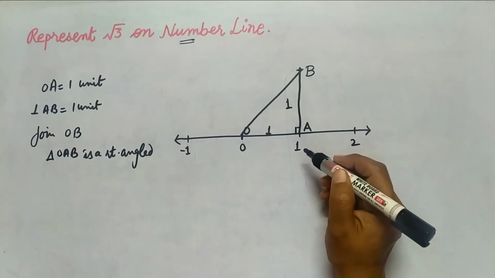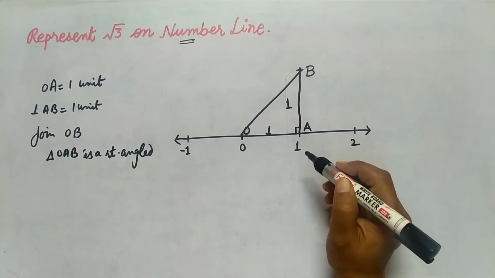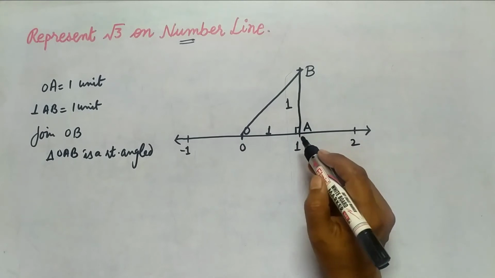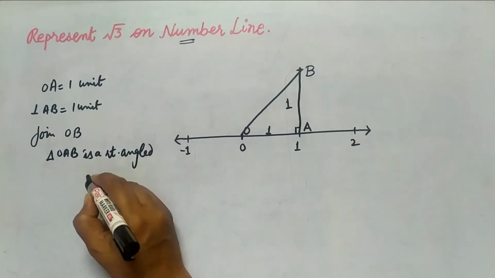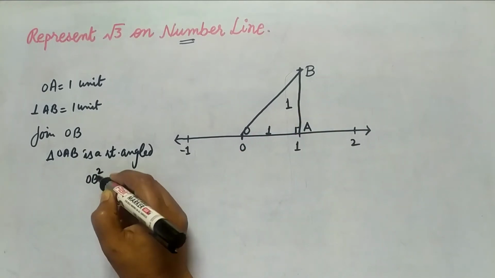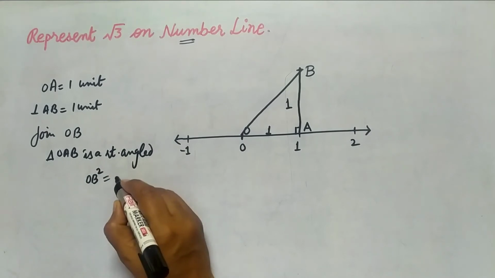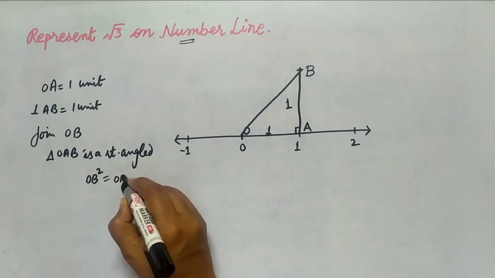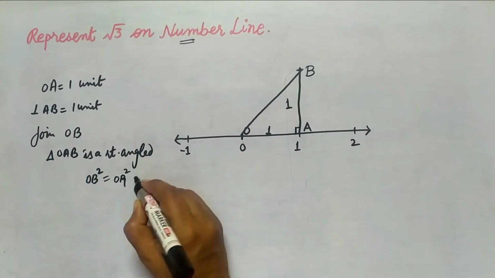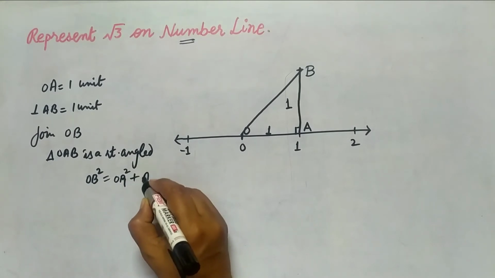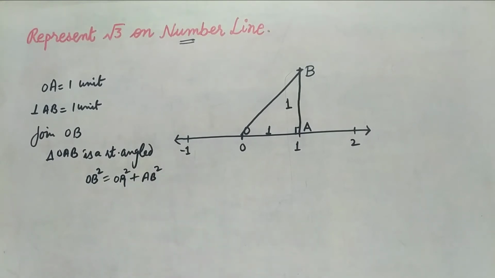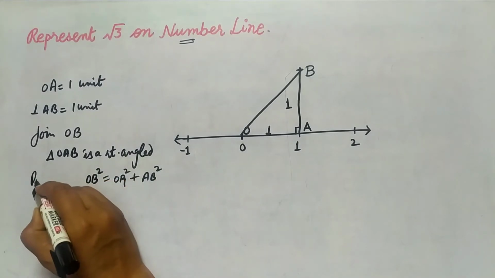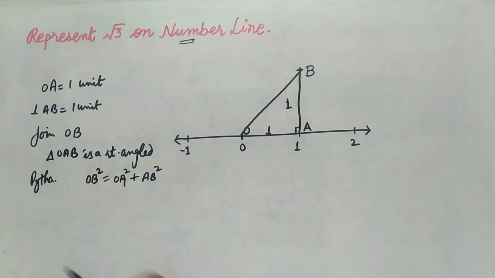And for a right angle triangle, we have the Pythagoras theorem. Means square of hypotenuse OB is equal to base square OA square plus perpendicular square AB square by the Pythagoras theorem. Here we apply Pythagoras theorem.